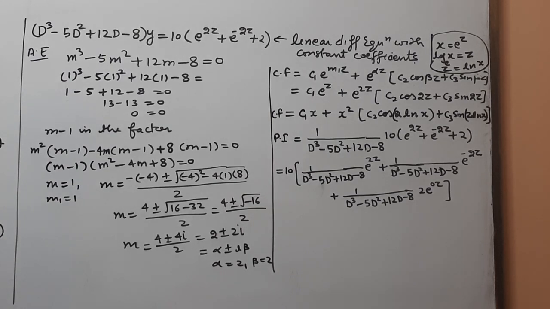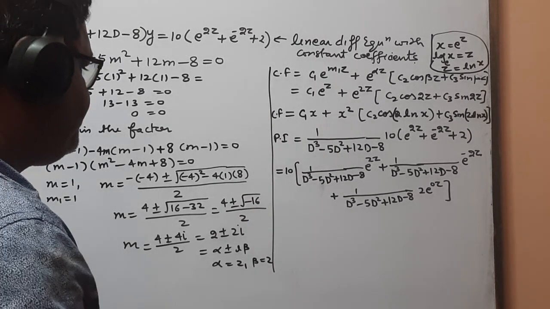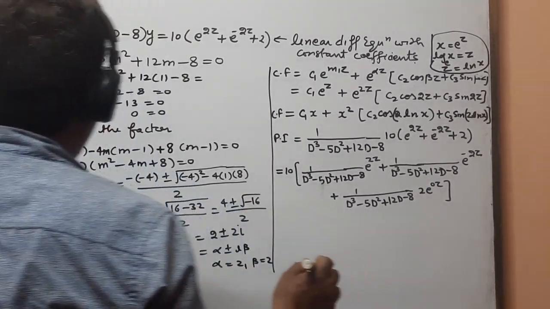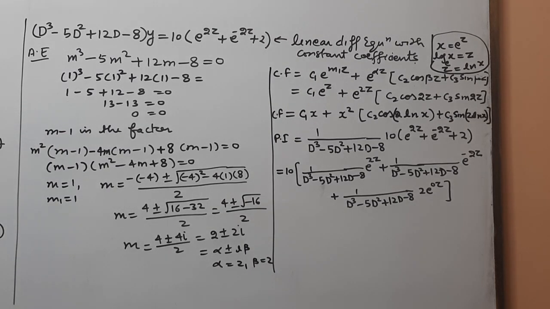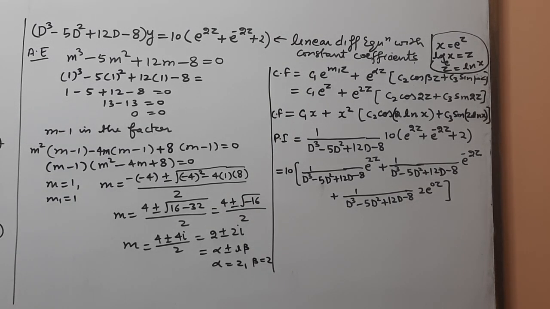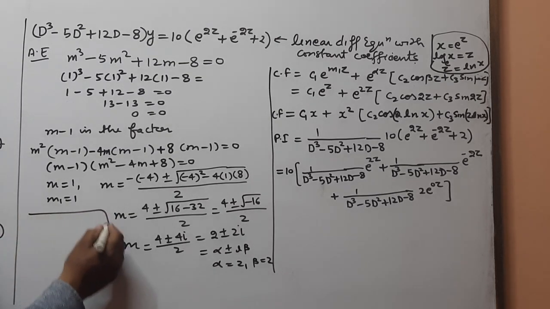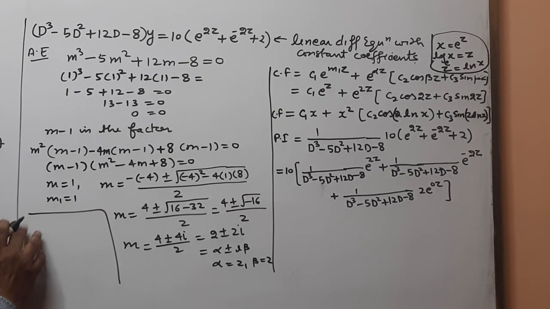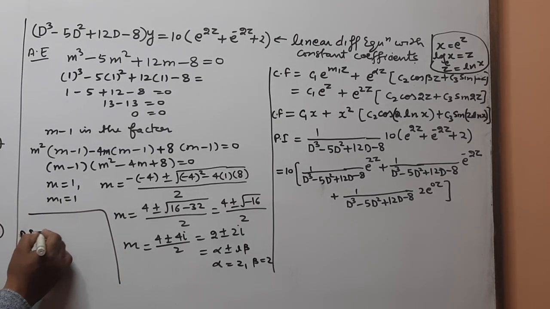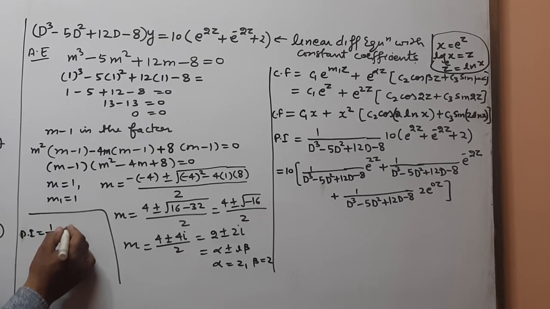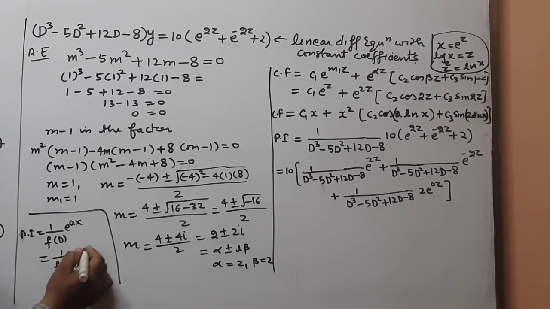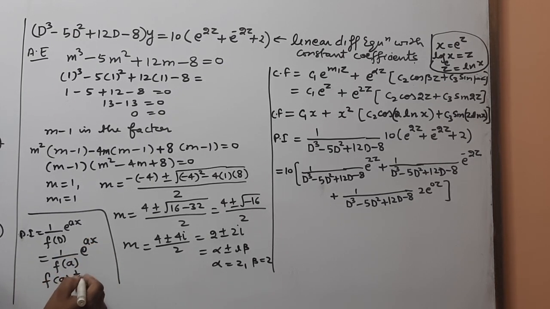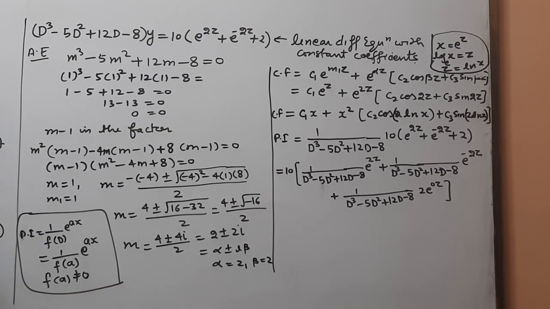Because e to the power 0z is equal to 1. Now you know that when we find the particular integral of e to the power ax, we always replace D by a, where f(a) can never be 0.